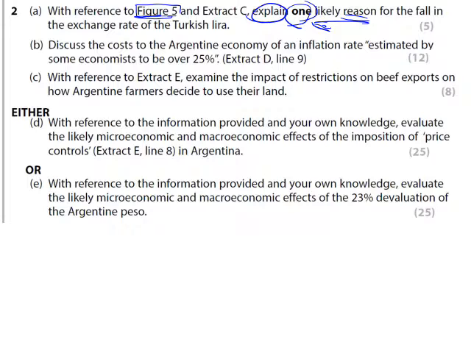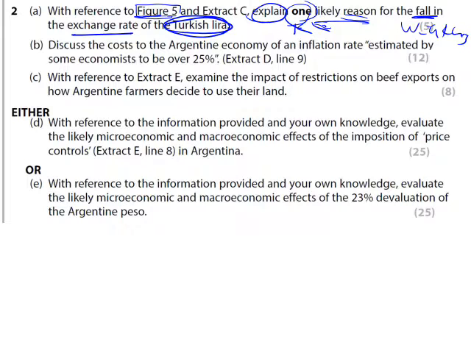You're just going to state that reason, that will get you your K mark. Fall or weakening, so again you can annotate the question of the exchange rate of the Turkish lira. So there's potentially more than one currency, but we're referring to the Turkish lira, and if we want a figure 5 data analysis mark, we're looking just for the Turkish lira in that.